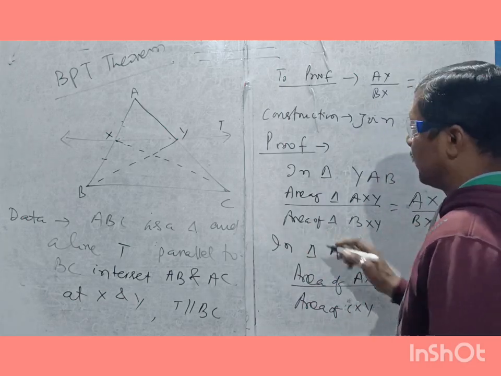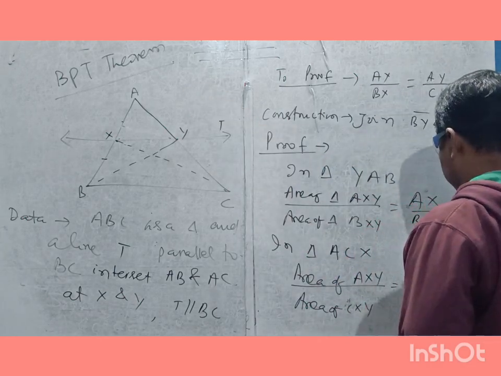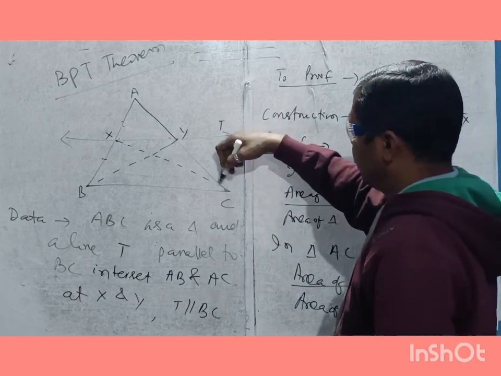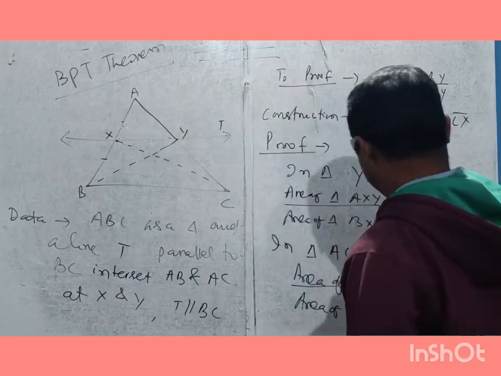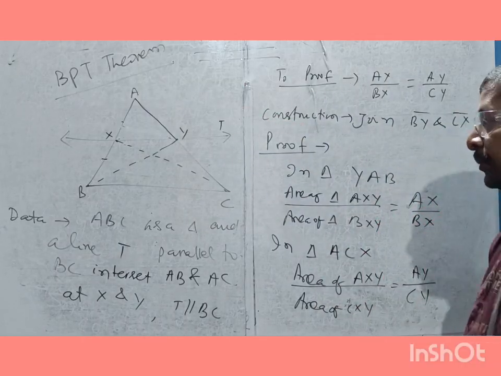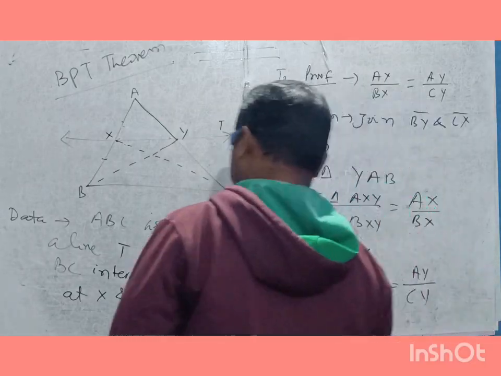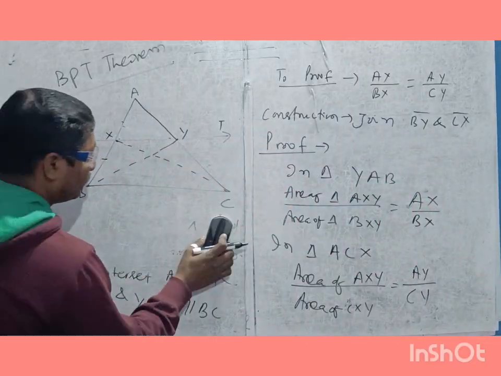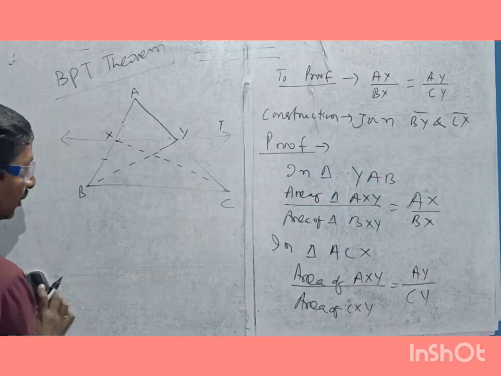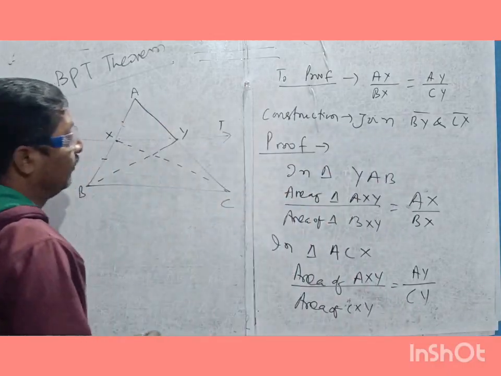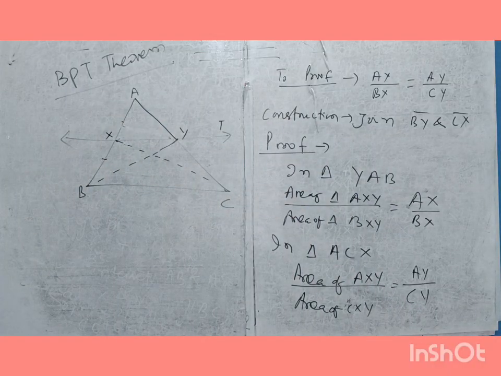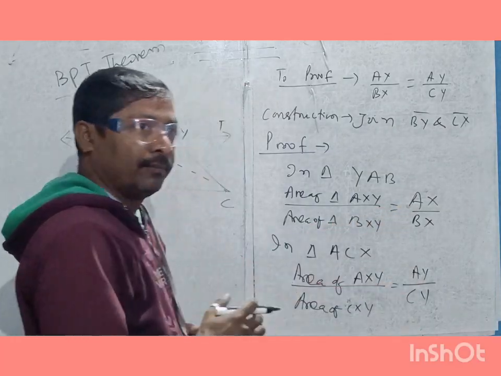So base of AXY is AY and base of CXY is CY. Okay. Now let's proceed. This is half part completed of this theorem. Now see how this will be equal to this.